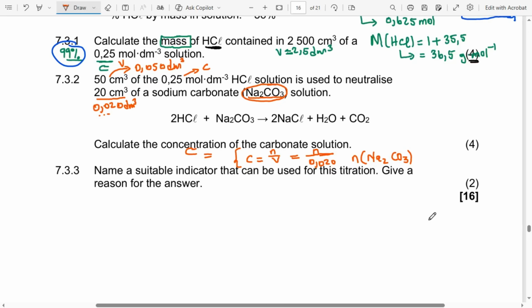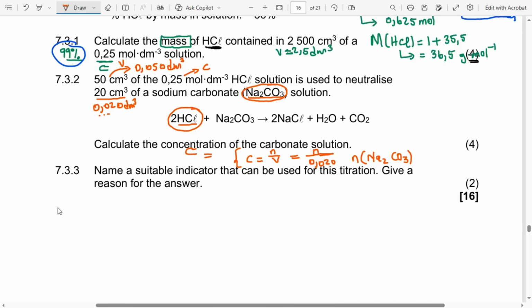What are you going to do in this situation? You look at whatever is reacting with the sodium carbonate. Sodium carbonate is reacting with HCl, meaning you take the HCl, calculate the number of moles of HCl, then use the mole ratio.